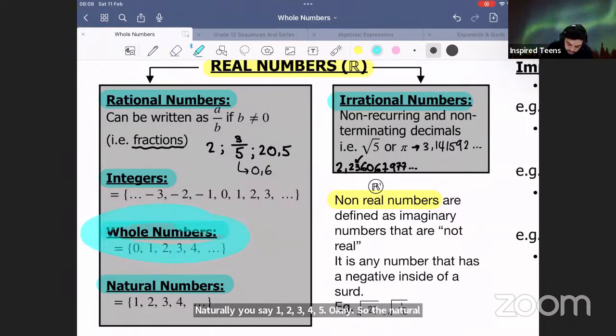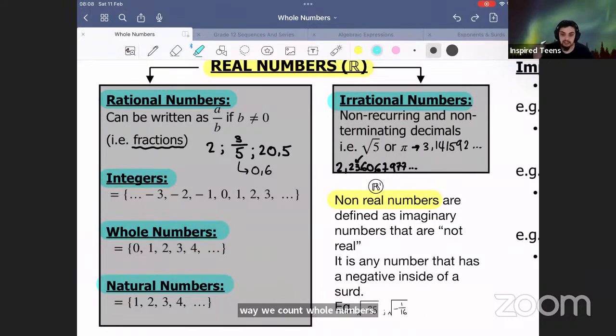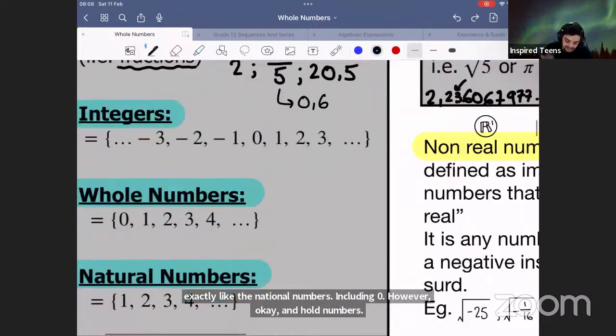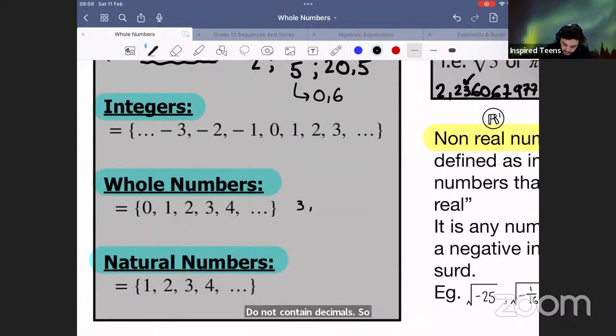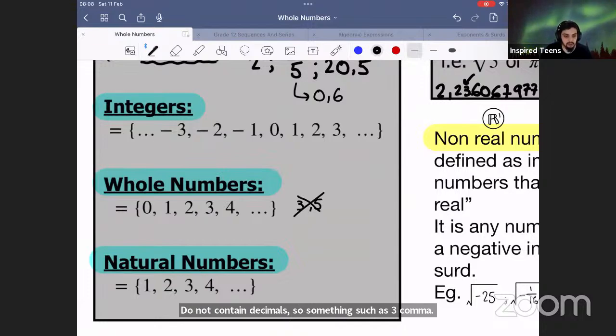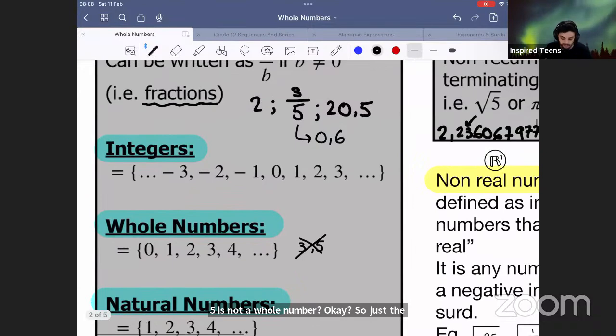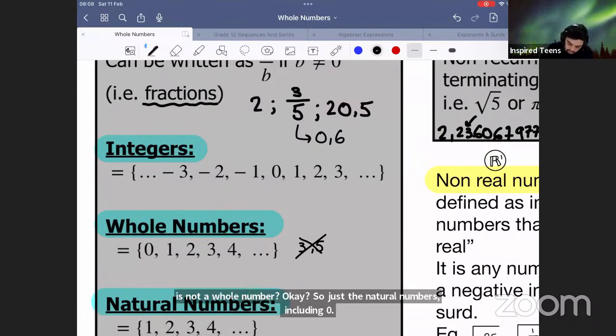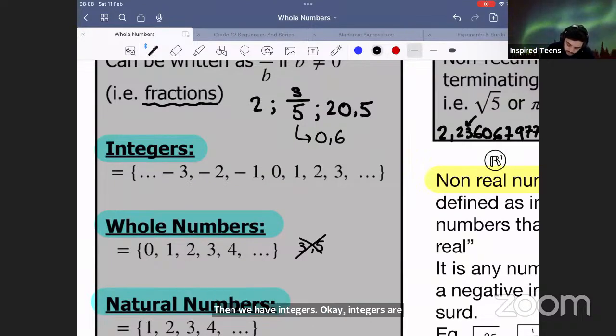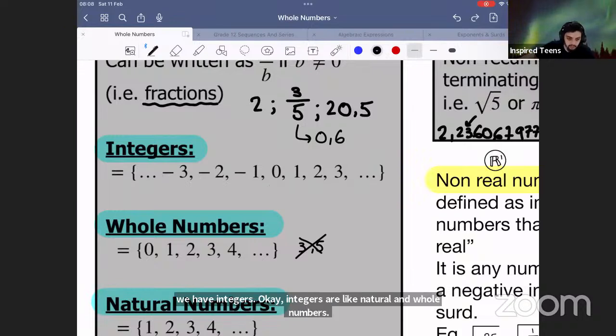Whole numbers are exactly like the natural numbers, including 0, however. And whole numbers do not contain decimals. So something such as 3,5 is not a whole number. So just the natural numbers, including 0. Then we have integers. Integers are like natural and whole numbers where we go 0, 1, 2, 3 and till forever.